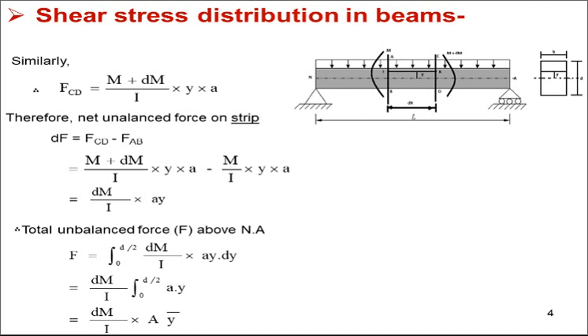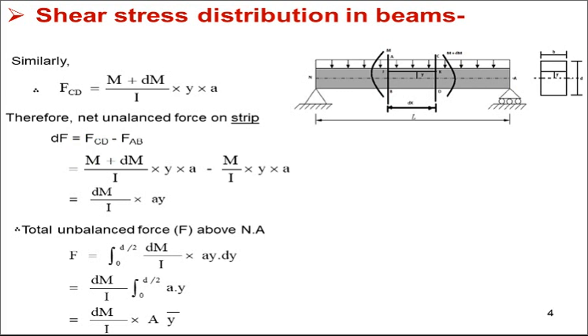So we take the difference between these two: dF is equal to FCD minus FAB. This is the difference because it is unbalanced; both of these forces are not equal.